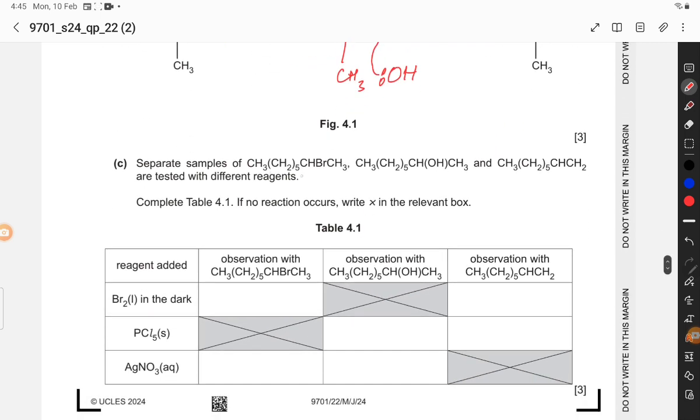Separate samples of haloalkane, alcohol, and this is alkane. This is alkene, with a double bond over here, and this is a secondary alcohol. This is a secondary alcohol, and this is a secondary haloalkane.